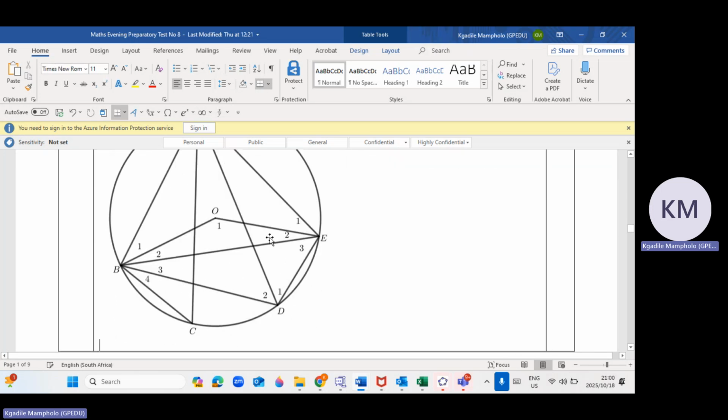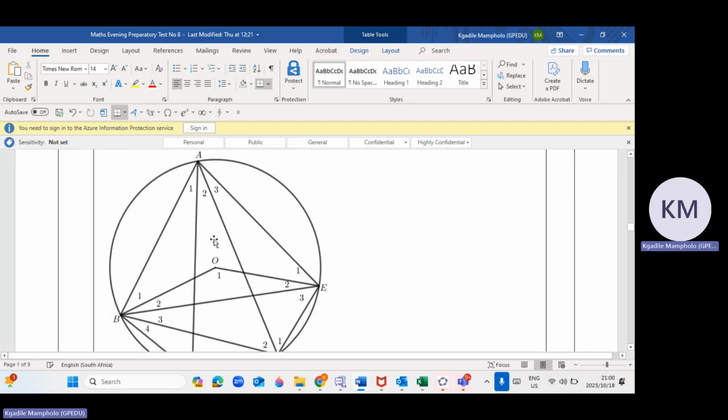If you check, OE is the radius, OB is also a radius, then it makes triangle BOC an isosceles. So the angles opposite equal sides are also equal. It means E2 equals B2, they both equal 20 degrees. Then O1 will be 180 minus 20 minus 20, so O1 will be 140.